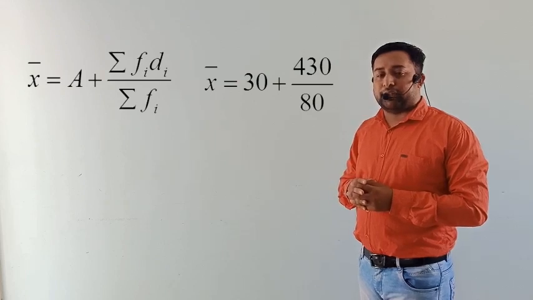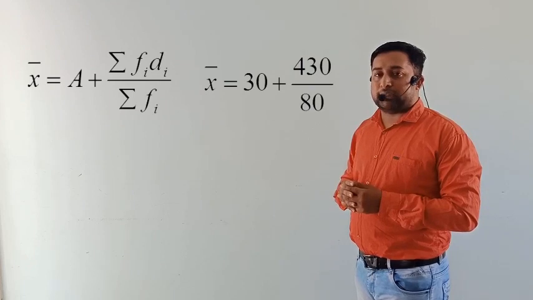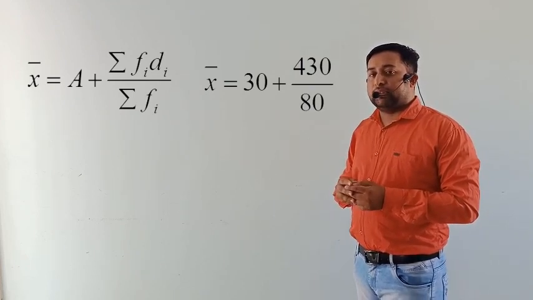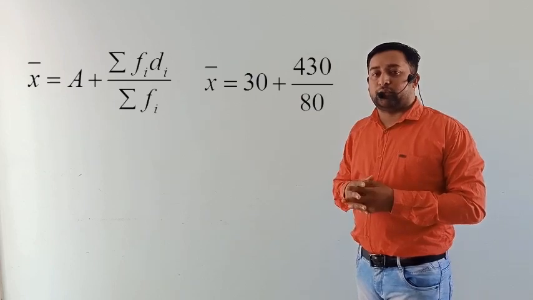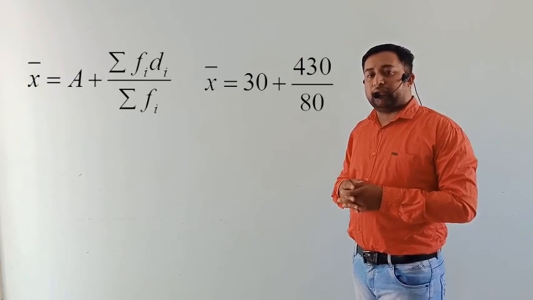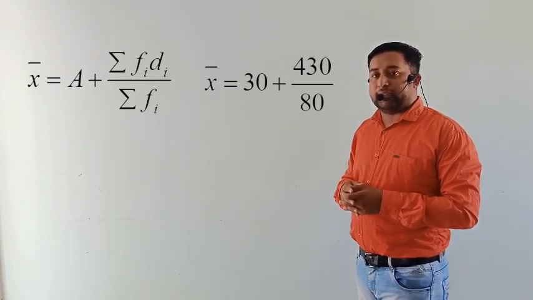Now my formula for assumed mean is x bar is equal to a plus sigma fi di upon sigma fi. Substituting all the values in this formula, a is 30, sigma fi di is 430, sigma fi is 80.